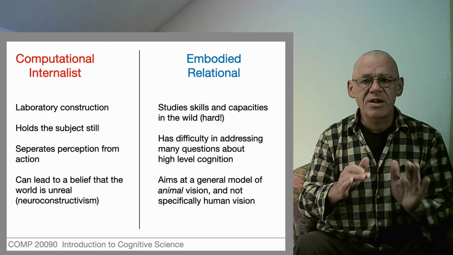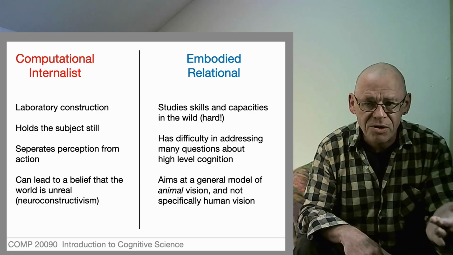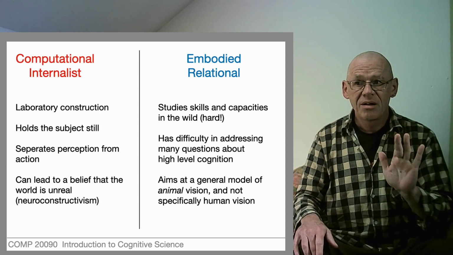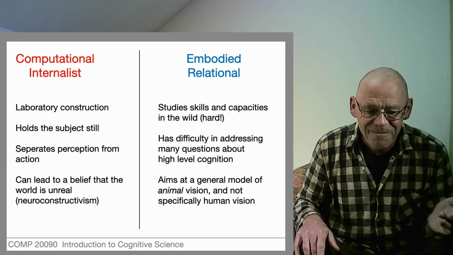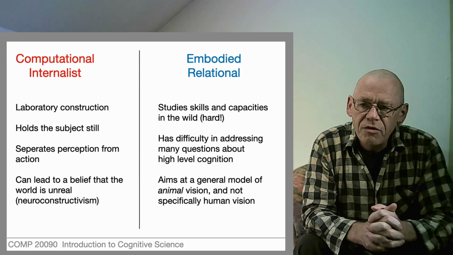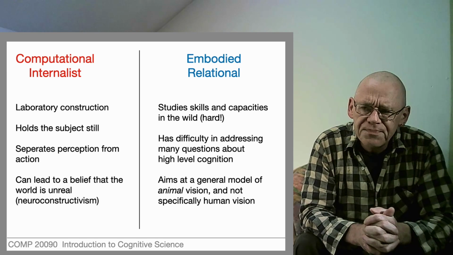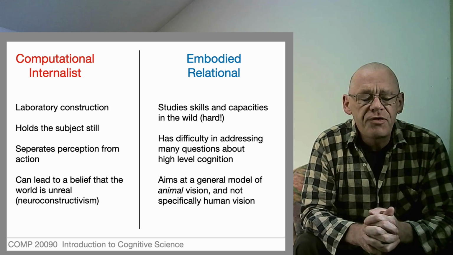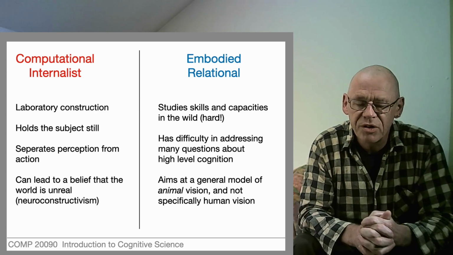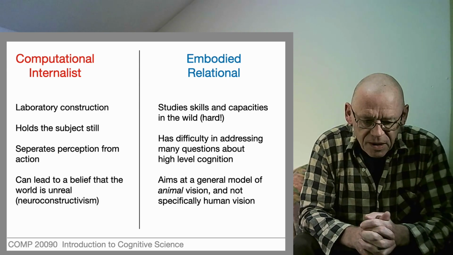So there's a strict separation of the notion of perception from action, because while you're told to sit still, you can't be doing anything. If taken to extremes, this kind of view can lead to the unfortunate claim that you have no knowledge of the real world and everything could be a simulation.